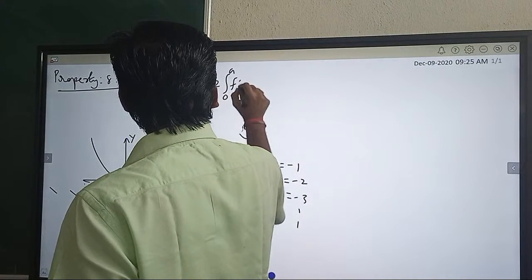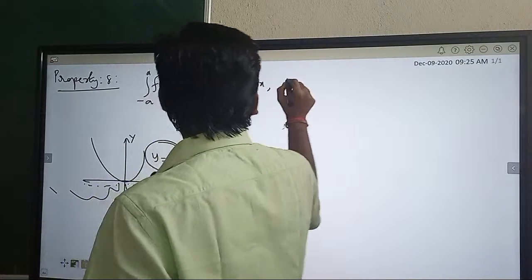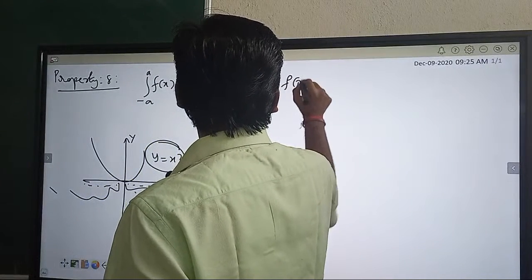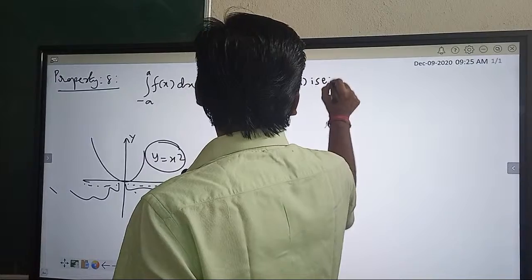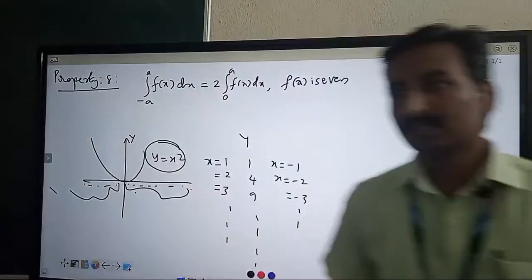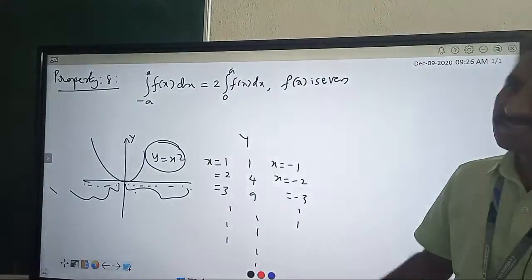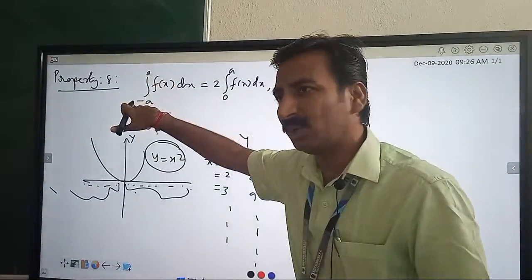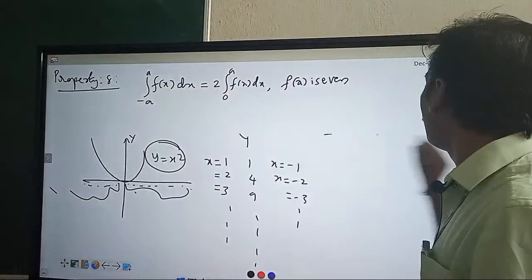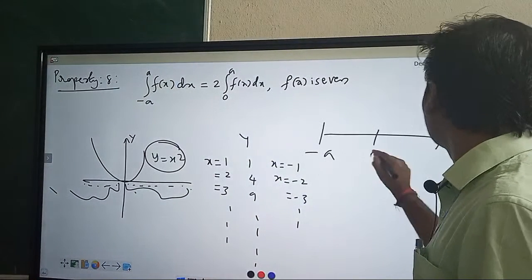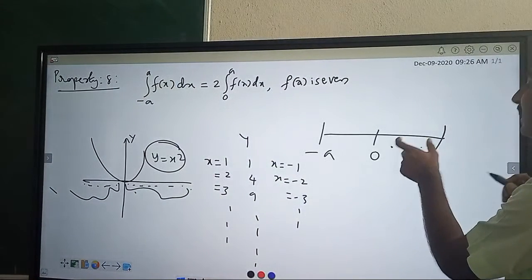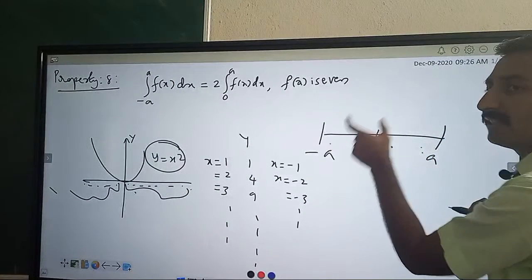2 times the integral from 0 to a of f of x dx when f of x is even. Correct? Are you understanding? Whenever it is even, there is no question of that other part. Simply you find half of this value twice. Minus a to a, how is it half? Minus a, 0, this is a. What is the length of this? If it is a, this is also length a only.